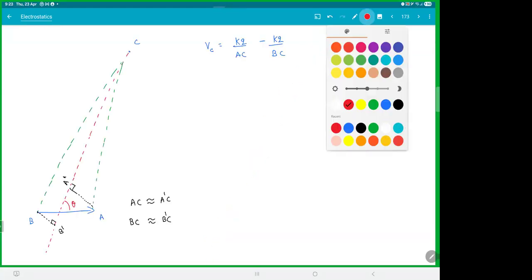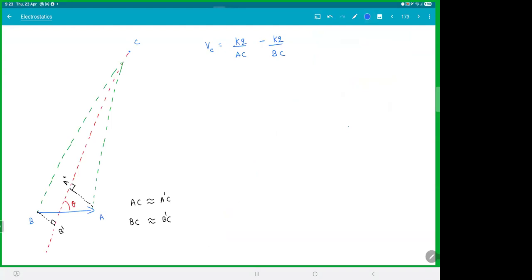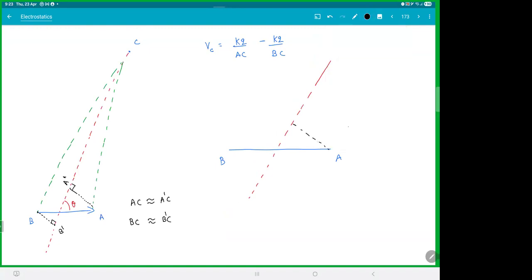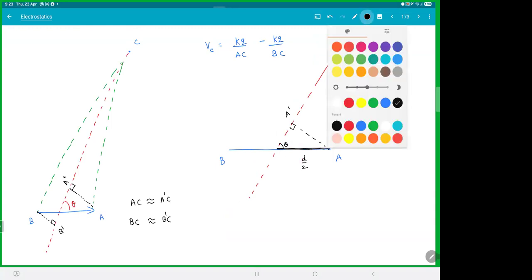It's a valid approximation. It works when the distances are very, very large. Just for understanding, I'll exaggerate the figure. So this is A, this is B. This is how the line was passing through the center. And you decided to drop A dash here, and this was theta, and this distance was D by 2.